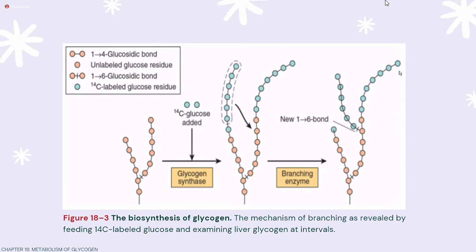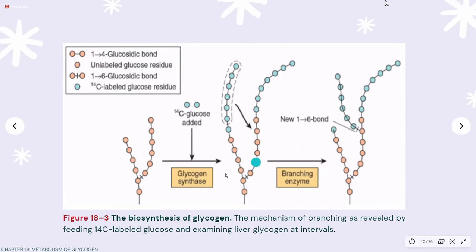So, this is in combination with glycogen synthesis. Glycogen synthesis is just one straight chain. While a branching enzyme cuts off 6 and transfers it, so you can have as many later on branches.